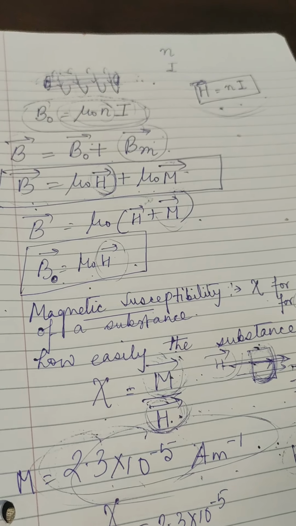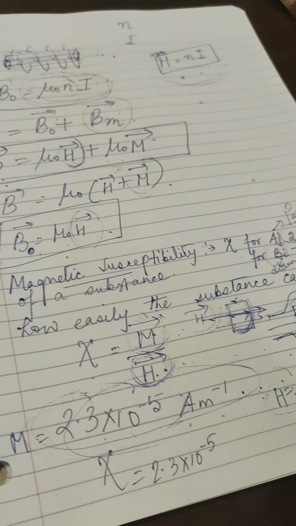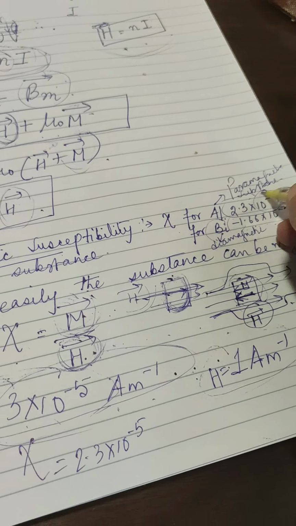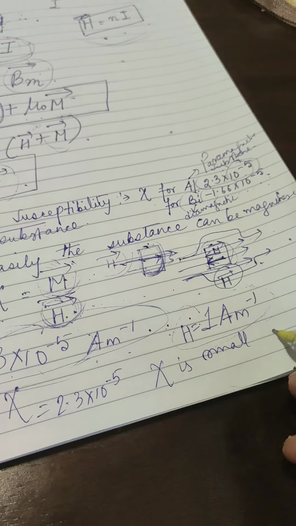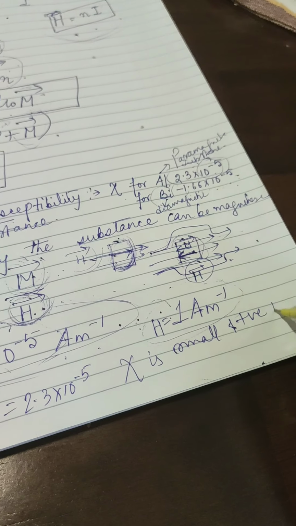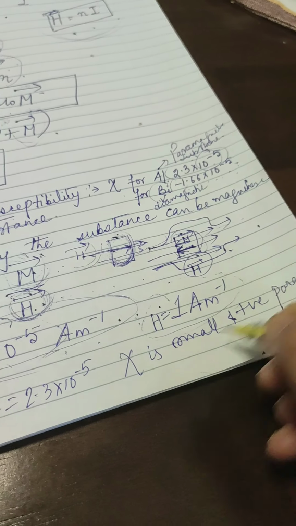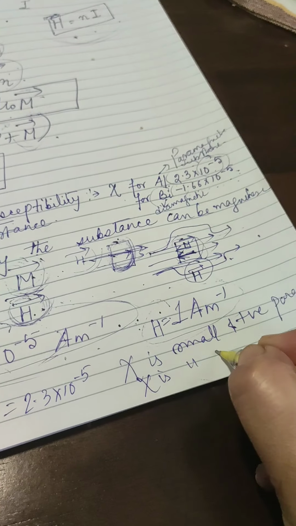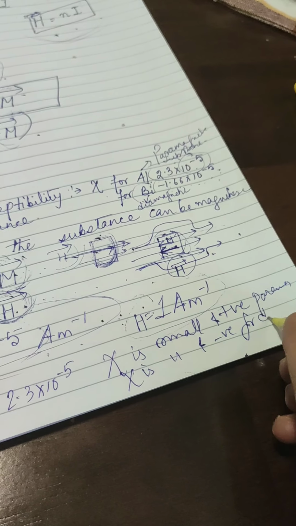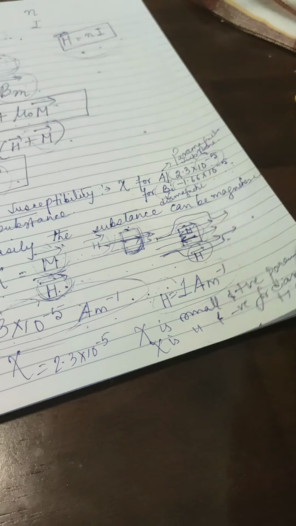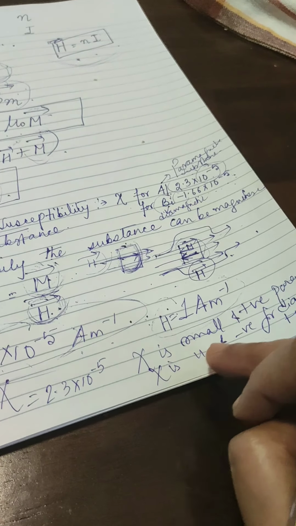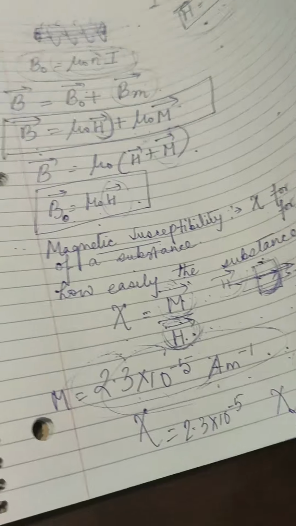So chi is small and positive for paramagnetic substances, and small and negative for diamagnetic substances.